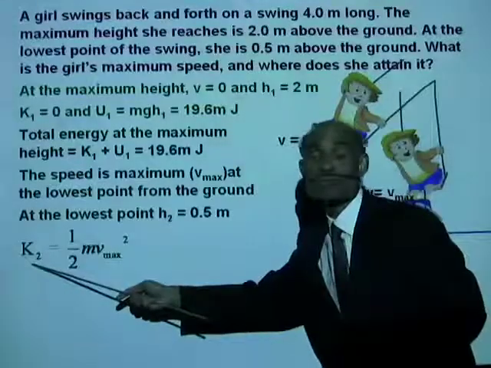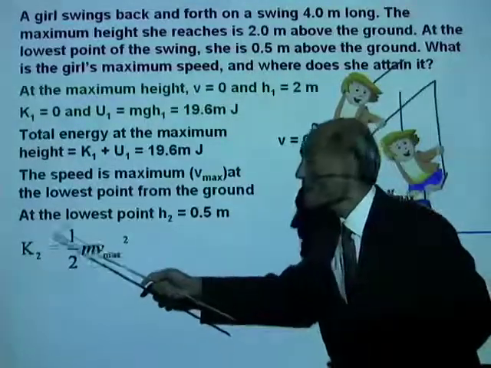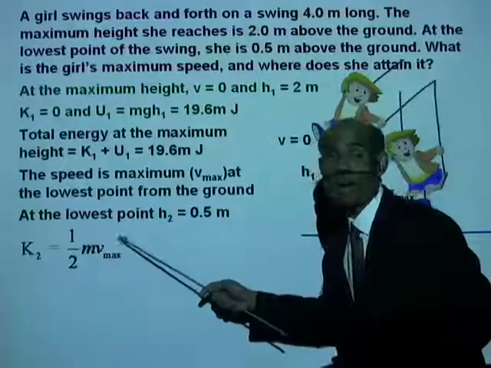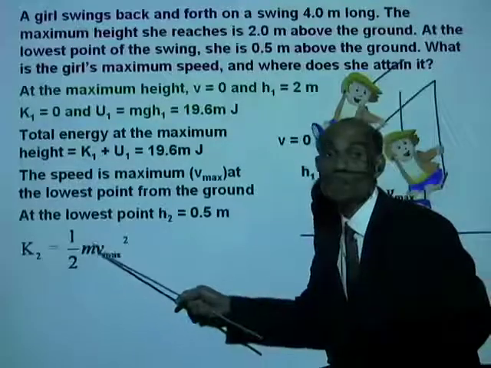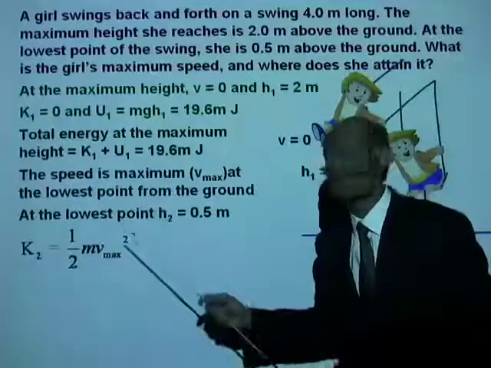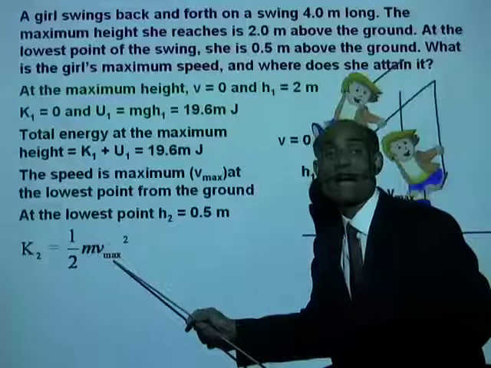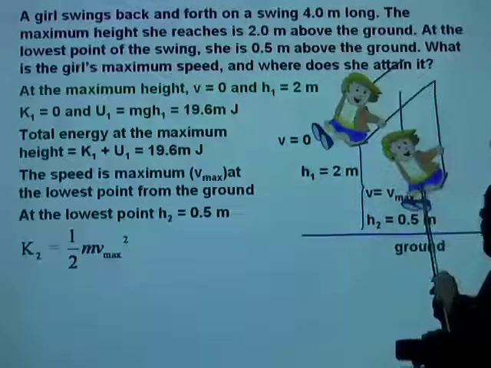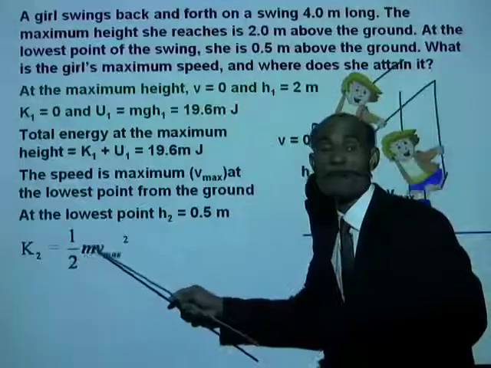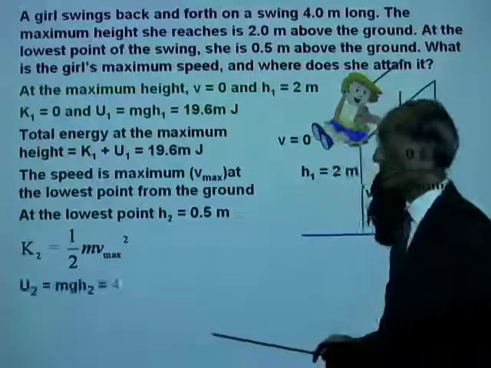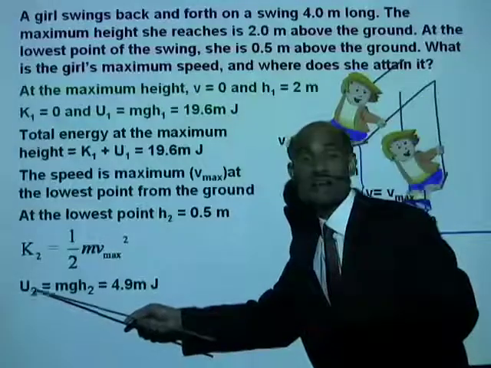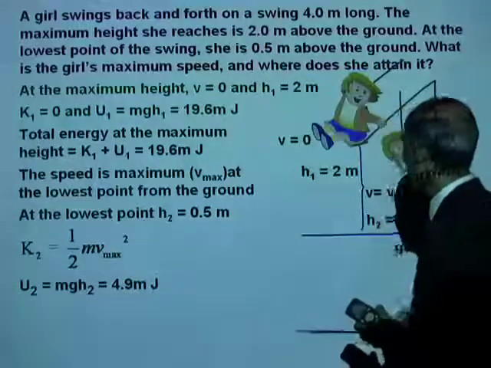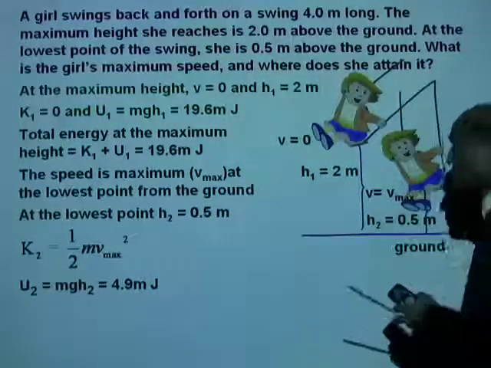If K2 is the kinetic energy there, that K2 will be 1/2 m v max squared. The velocity there, or the speed there, is the maximum speed, and I'm going to call it V max. The potential energy at that point is mgh2.